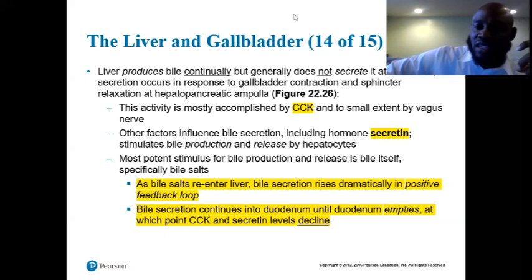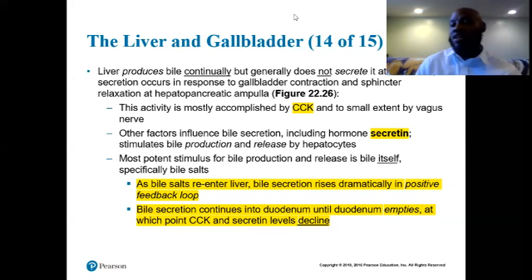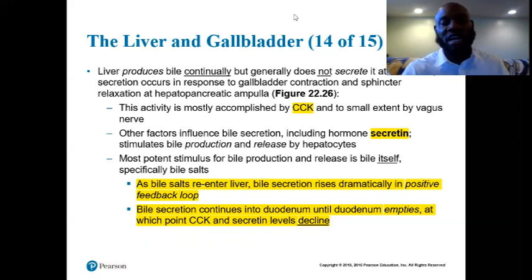This stimulates the CCK and the secretin, and basically at the point where all of that is cleared out, it moves due to motility through the intestines, out of the duodenum into the rest of the small intestines and eventually large intestines. When that happens, we stop the secretion of CCK and the secretin, and therefore stop the production of bile.